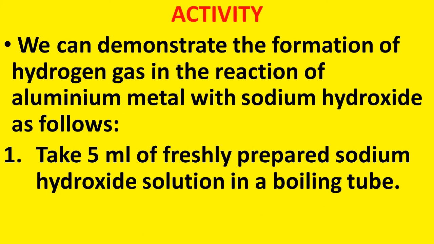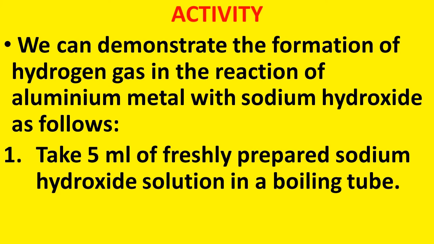Now let us discuss an activity. The aim of the activity is to demonstrate the formation of hydrogen gas in the reaction of aluminium metal with sodium hydroxide. For that we have to take 5 ml of freshly prepared sodium hydroxide solution in a boiling tube.